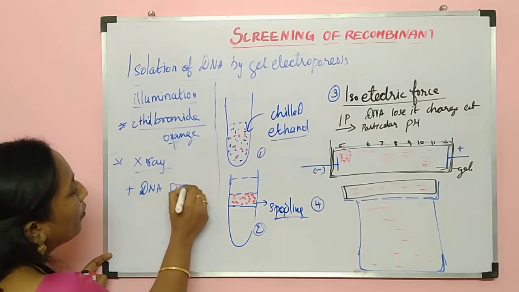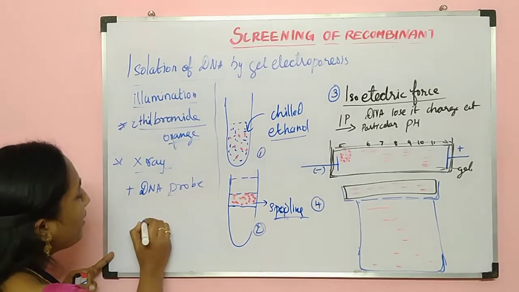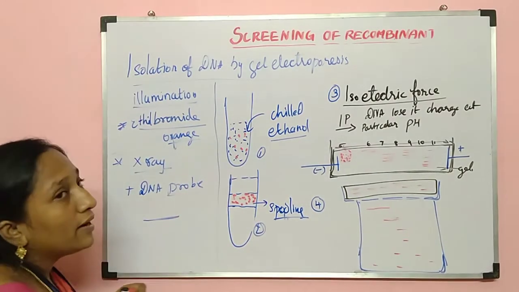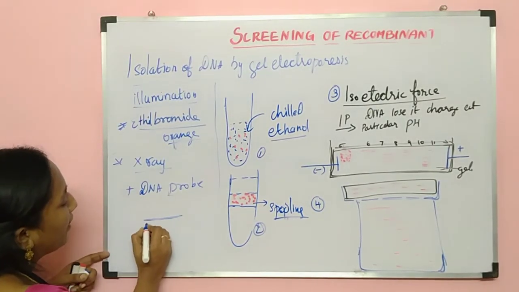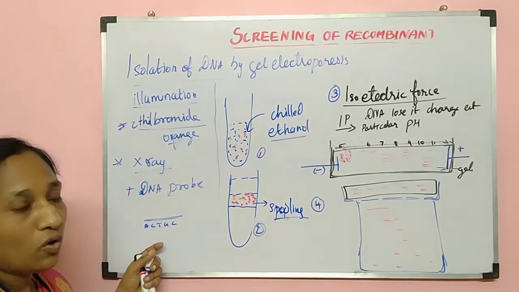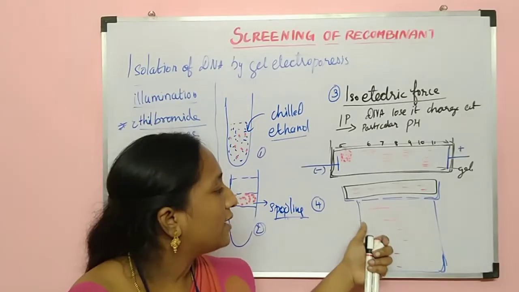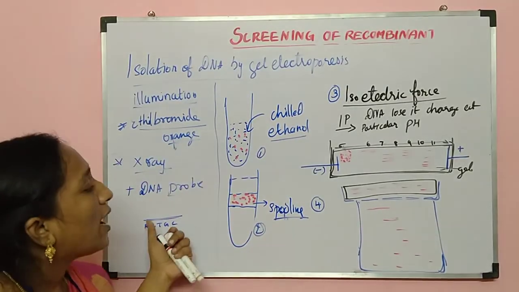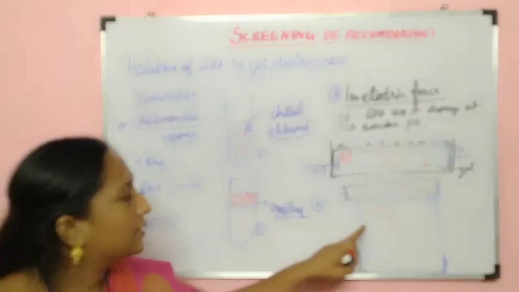Children, do you know what a DNA probe is? It is a ready-made DNA strand with a particular DNA sequence. Suppose this has the sequence ACTGC. If you add this to the plate, it will go and bind to its complementary sequence.